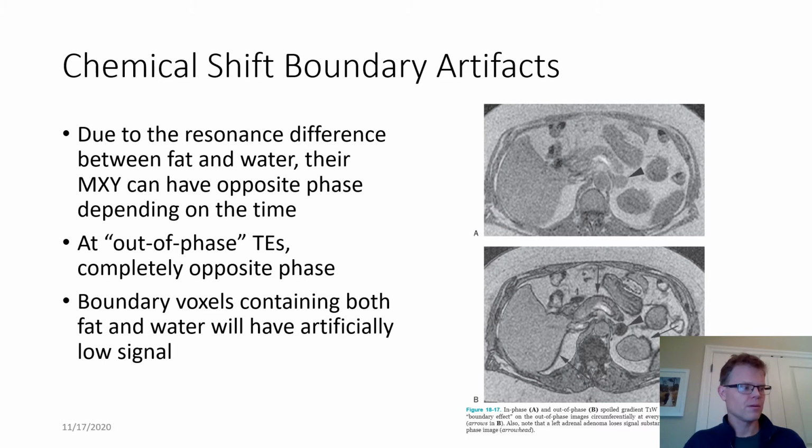And what happens here is we have a resonance frequency difference between fat and water. So their transverse magnetizations will actually rotate at different amounts, and they can actually point away from each other. We can have some kind of dephasing. And we have this definition of out of phase echo times that we'll use here, and also when we get into the so-called Dixon fat water imaging methods, we'll use this concept again.